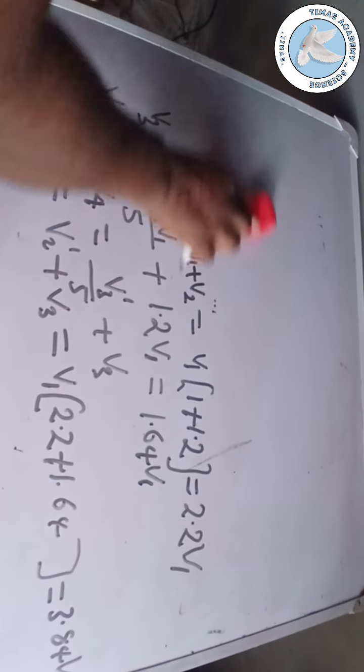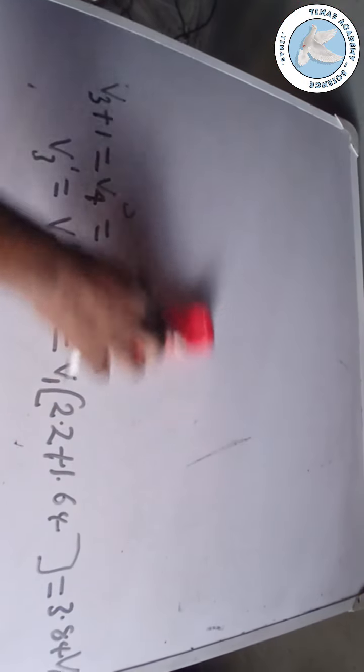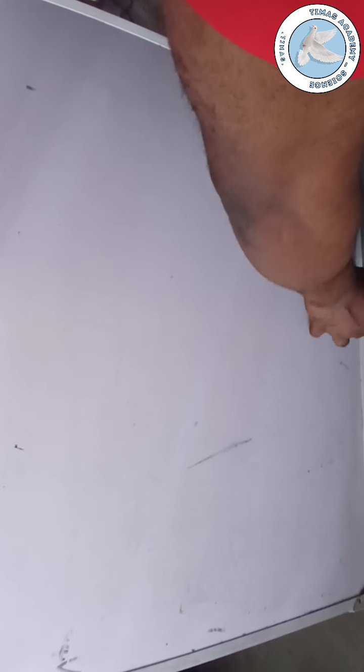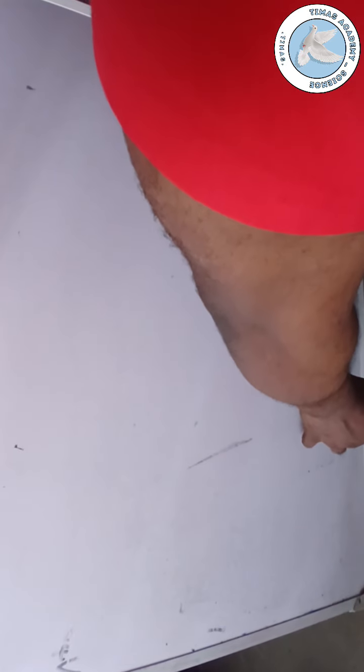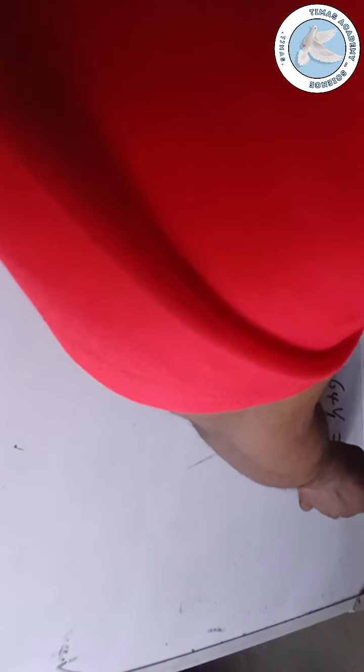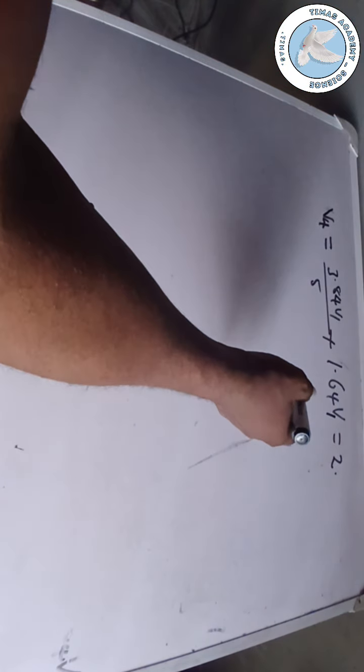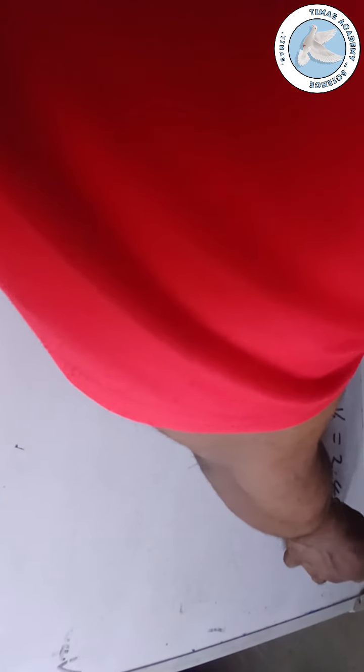Let's clean this. So at this point, your V4 is 3.84 V1 divided by 5 plus 1.64 V1. This gives us 2.408 V1.